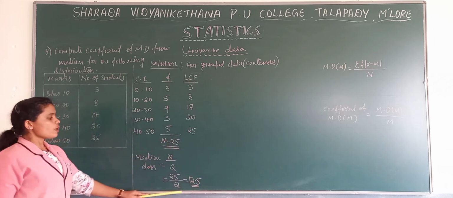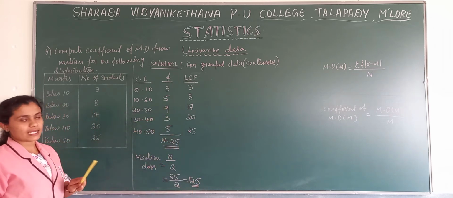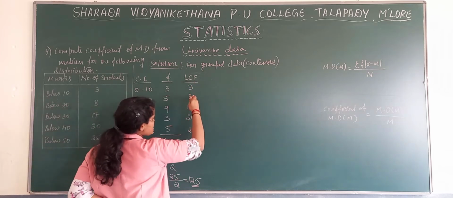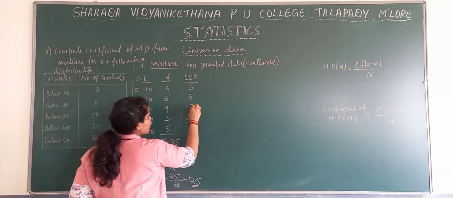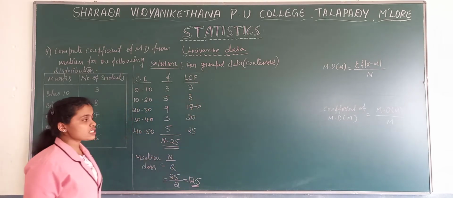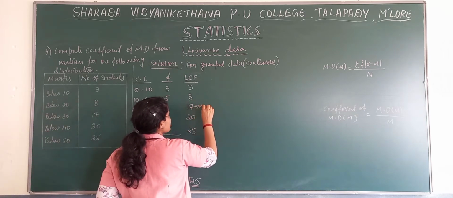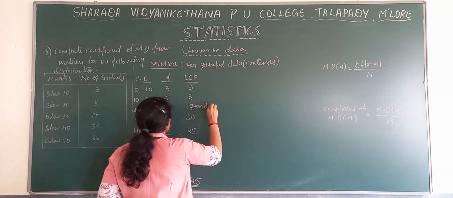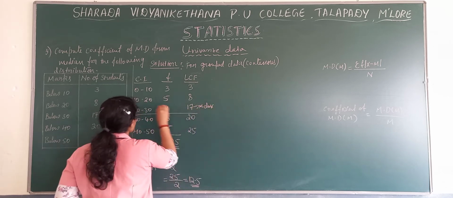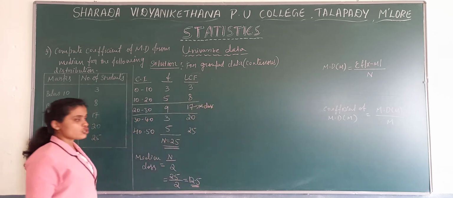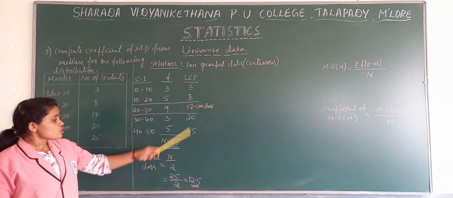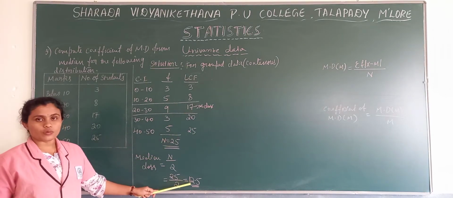Now this 12.5 we look for in the LCF. When you observe the LCF, 12.5 will fall here. So this is our median class, which is 20 to 30.